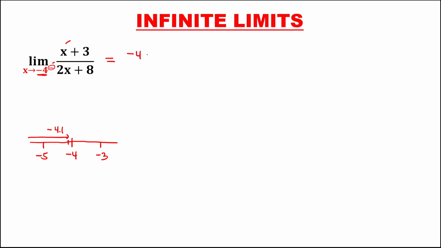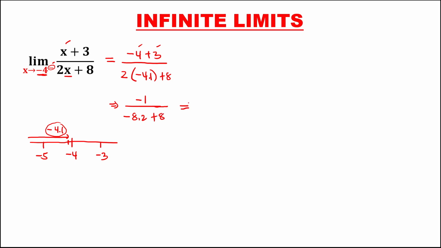Then to evaluate this limit, in the numerator, just use this value. So that's negative 4 plus 3, over 2 times, in the denominator, use this value, negative 4.1, then plus 8. Then to simplify, negative 4 plus 3 is negative 1, over 2 times negative 4.1, this is negative 8.2, then plus 8.